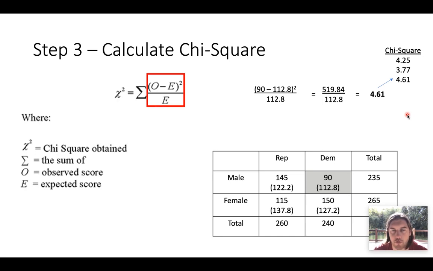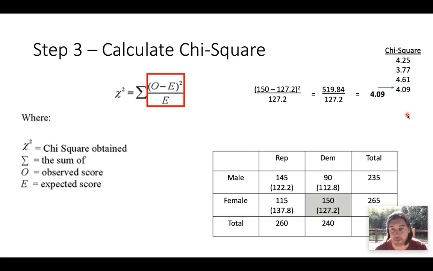Generates a chi-square of 4.61. And our final cell, female Democrats, plug and chug, generates a chi-square of 4.09.